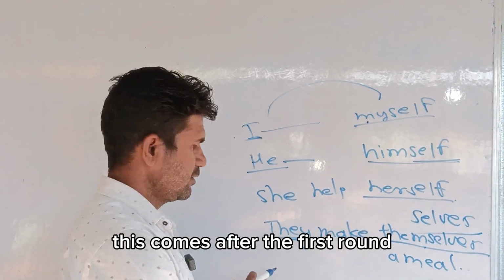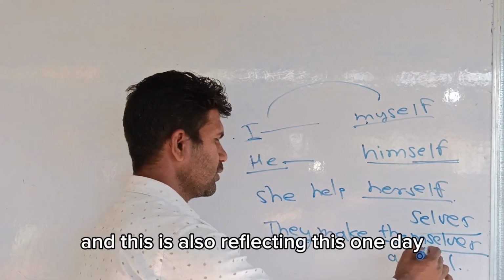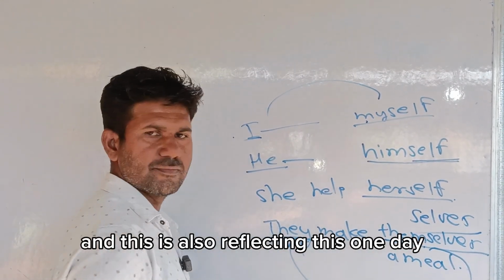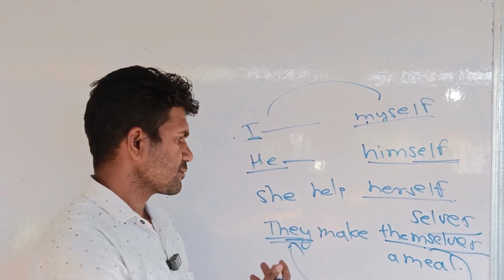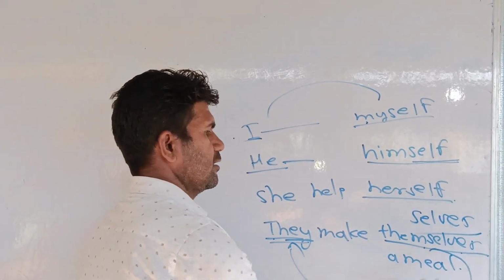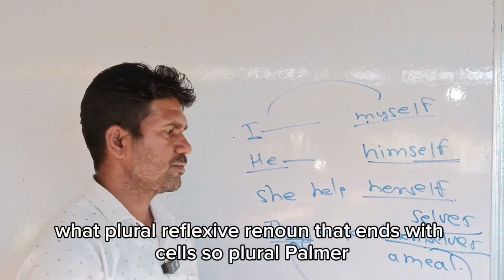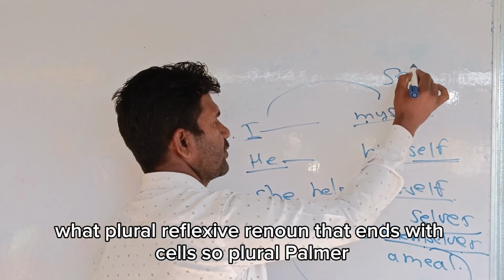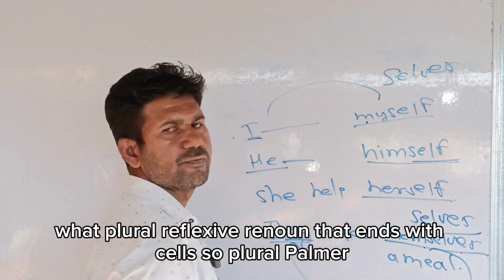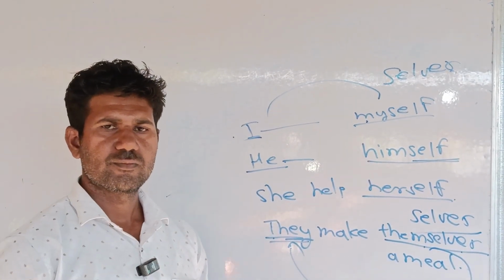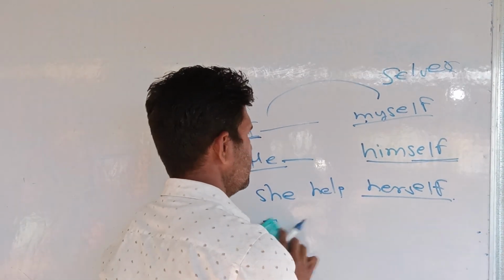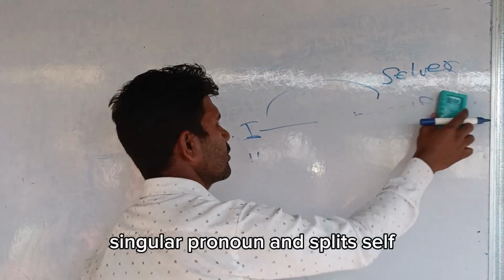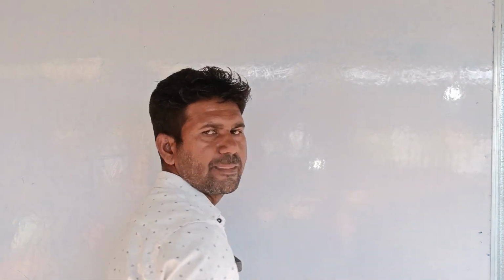This comes after the first pronoun, and this is also reflecting this one, they. Are you paying attention here? A plural reflexive pronoun ends with selves. So that is the plural form of the reflexive pronoun, and the singular ends with self.